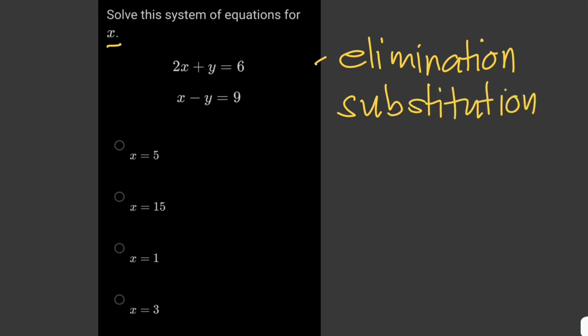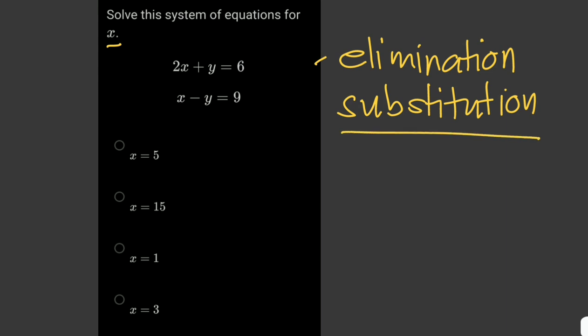So in elimination, we eliminate one of the 2 variables for the given 2 equations. In this case, we have 2 unknown variables, which are x and y. So we can eliminate either x or y depending on what the problem is asking for.